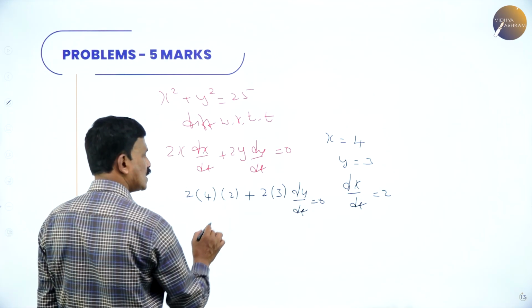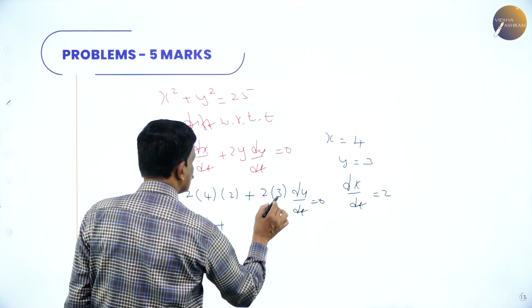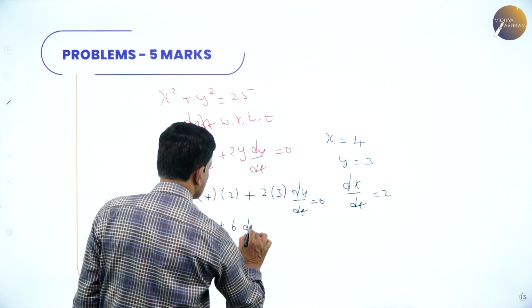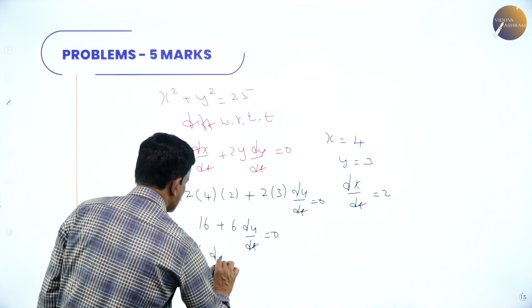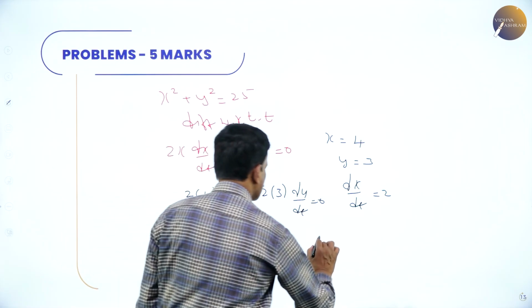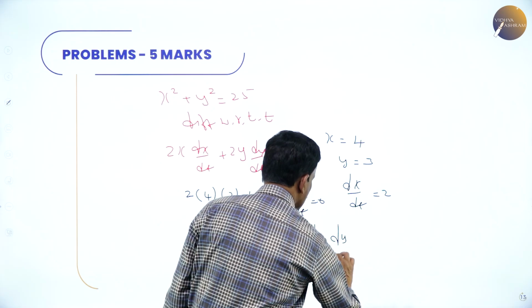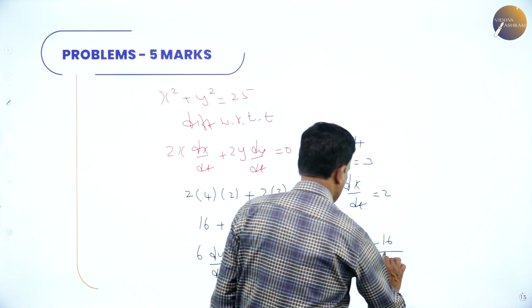So 4 twos are 8, 8 twos are 16, 16 plus 3 twos are 6, dy by dt is equal to 0, or 6 times dy by dt is equal to minus 16. So therefore dy by dt is equal to minus 16 divided by 6.